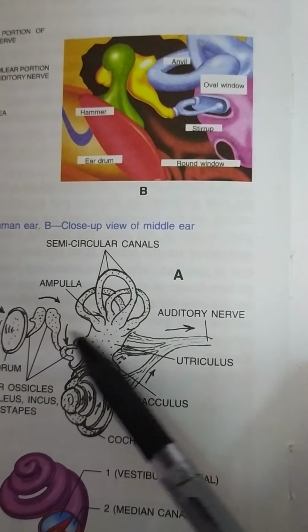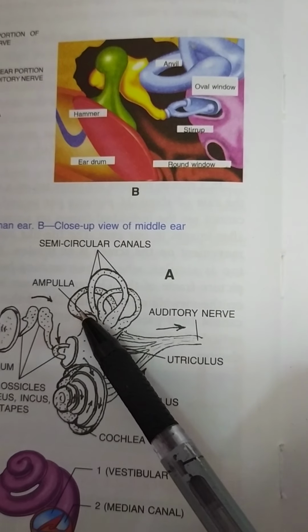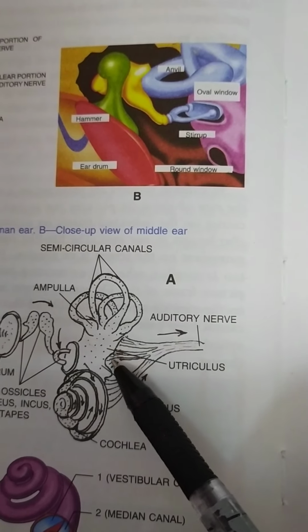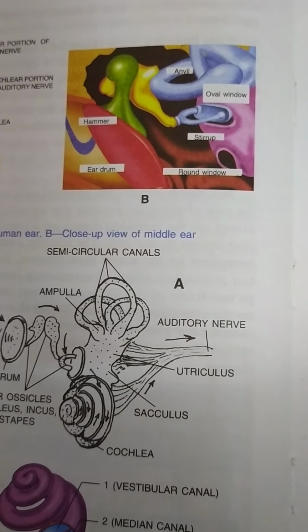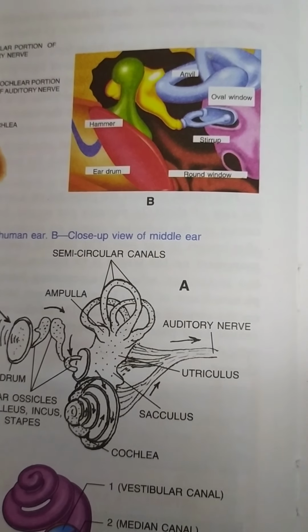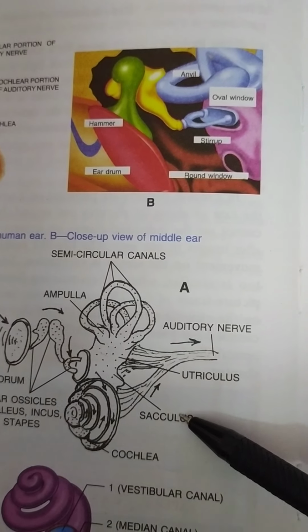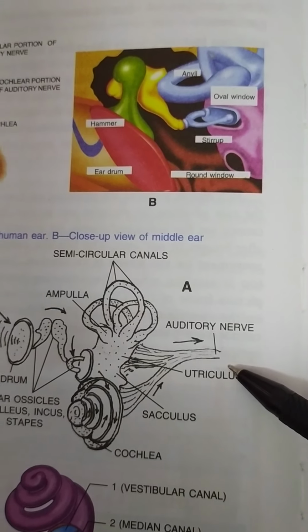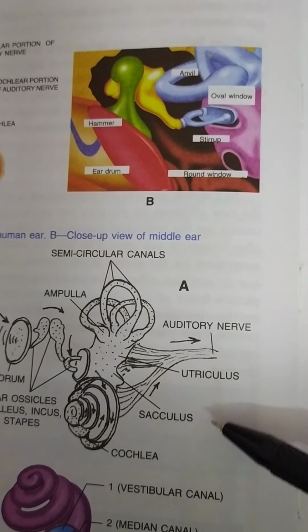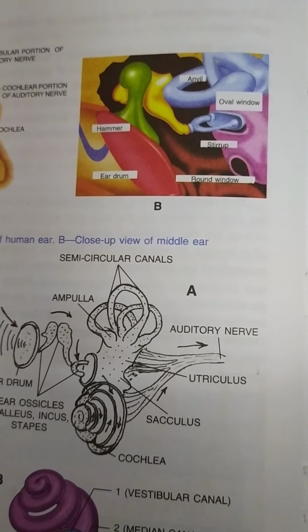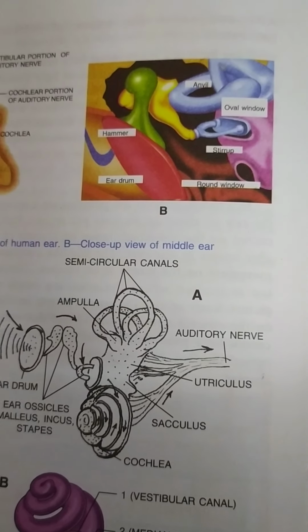Here in this diagram, the ampulla is shown clearly with the semicircular canal, and then the short stem joining the base of the semicircular canal to the cochlea shows two parts: one is the sacculus, another one is the utriculus. These parts contain sensory cells for static balance when the body is at rest.